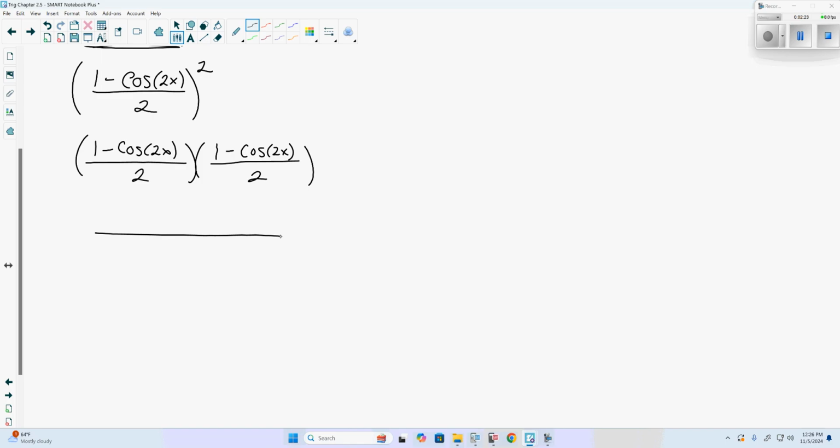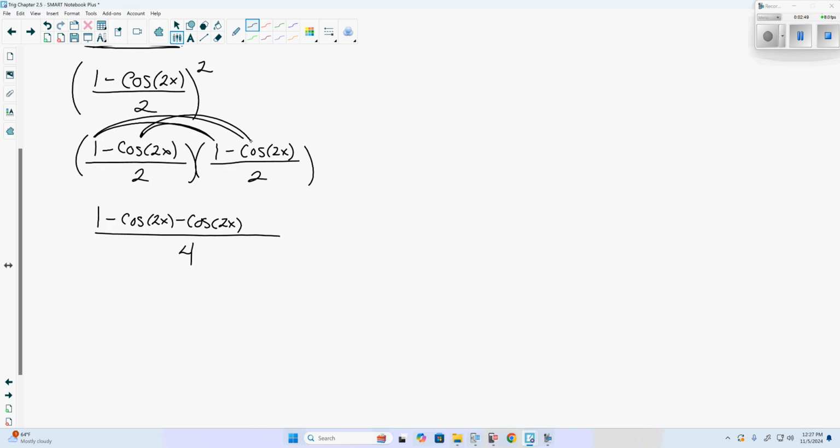So we're going to have to multiply through the top, and multiply through the denominator, the bottom. Now the bottom, 2 times 2 is 4. That's the nice one. We will have to distribute the top, so our 1 times 1 is 1. 1 times negative cosine of 2x is negative cosine of 2x. Negative cosine of 2x times 1 is negative cosine of 2x.